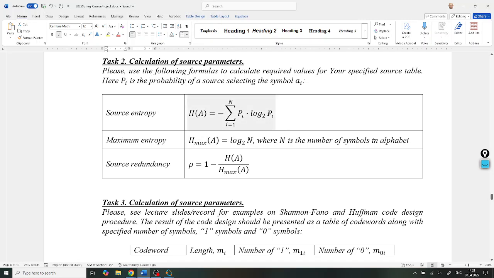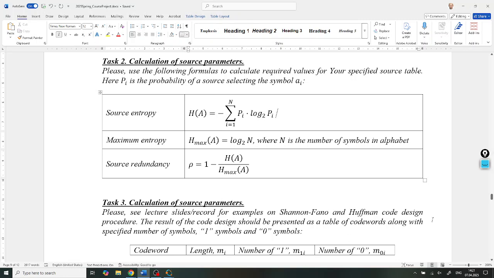So you have 7, 8, 9, 10 symbols. You calculate this product for each of them and add everything together. You need to remember that the logarithm of a number that is less than 1 is always negative, and we don't want our information amount to be negative. Because of that, we compensate with this minus sign.